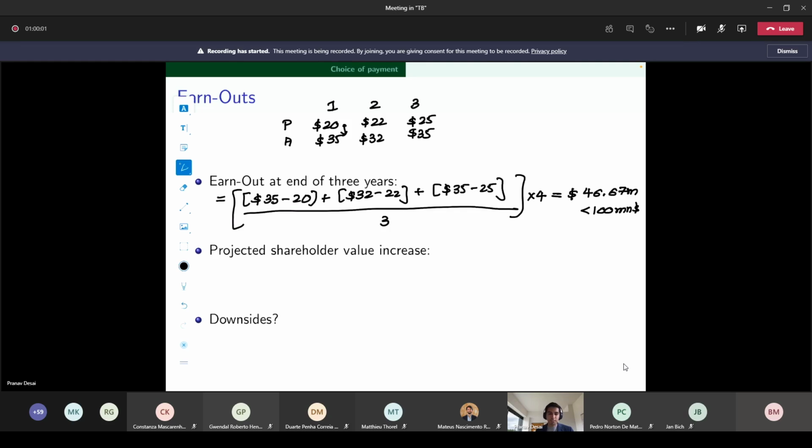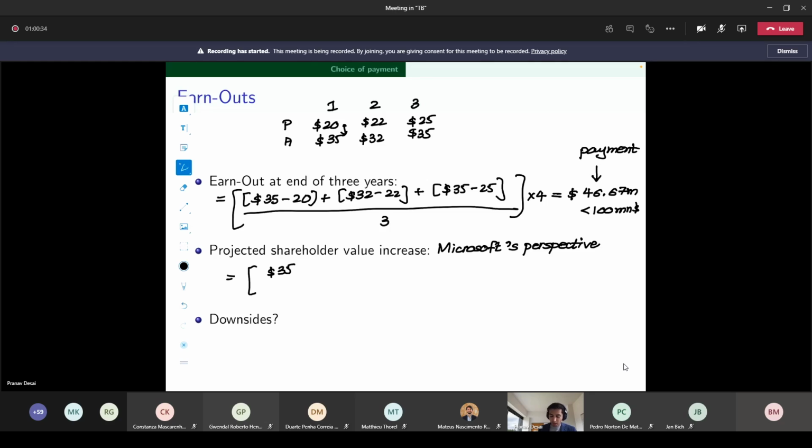And what this effectively does is provide the management with the payment of 46.67 million, like a bonus, for running this company more effectively. Now, from the perspective of Microsoft, that's the acquirer's perspective, I'm just putting down the total excess value.